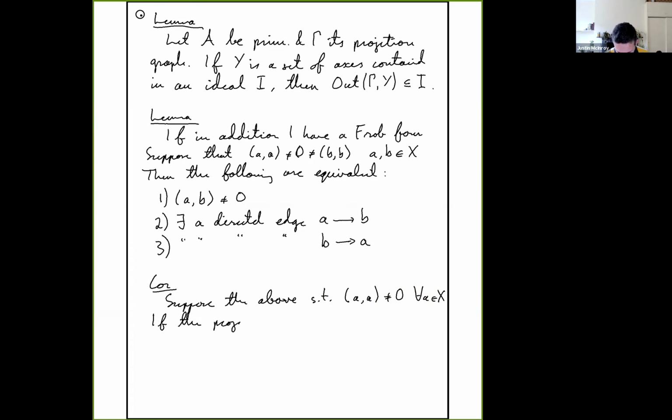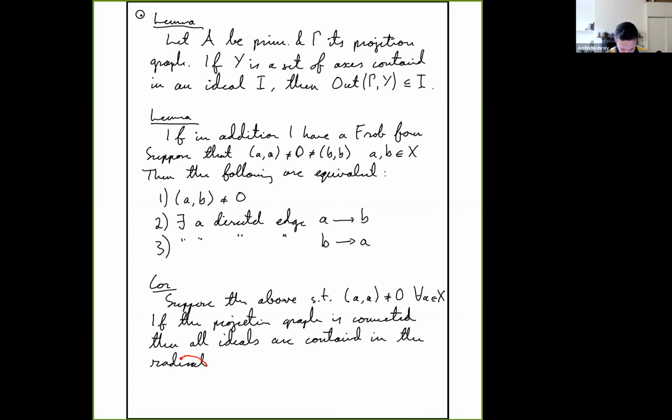If the projection graph is connected, then all proper ideals are contained in the radical.